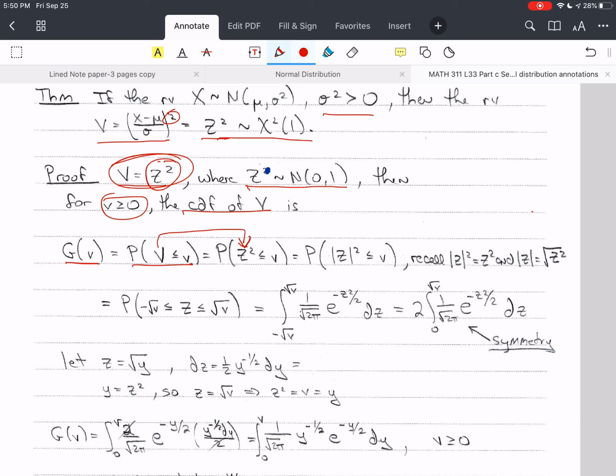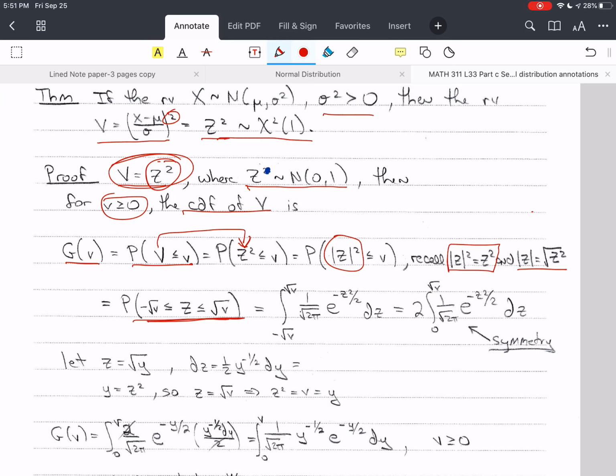I'm going to use the fact that the absolute value of Z is the square root of Z squared, so the square of the absolute value of Z is also Z squared. They give you the same thing. I substitute that in here, take the square root of both sides, and use the property of absolute values to have Z between negative square root of v and positive square root of v.